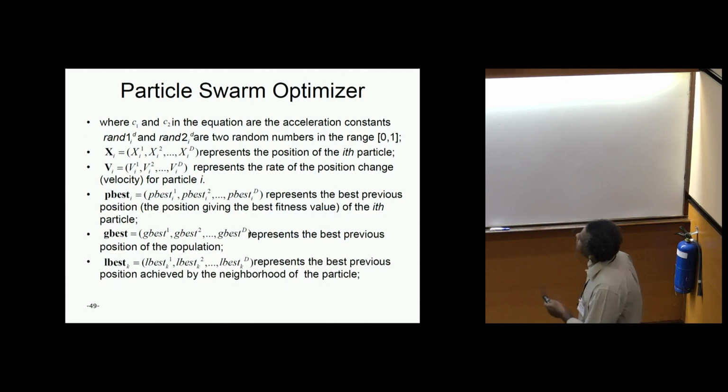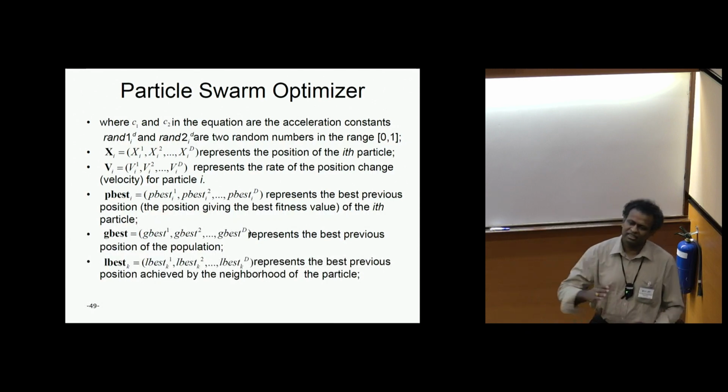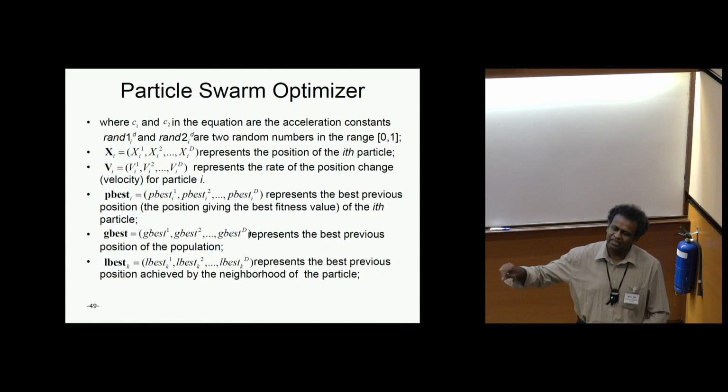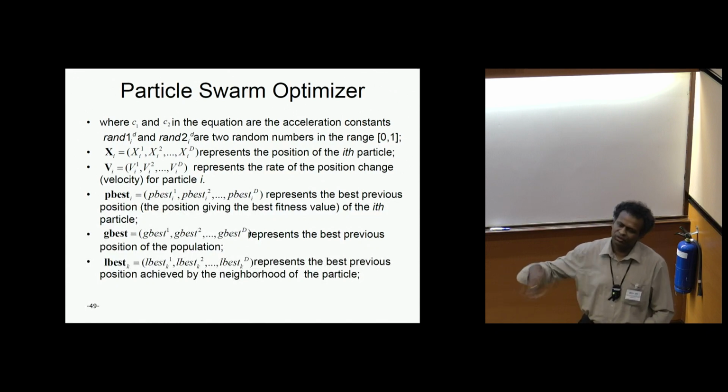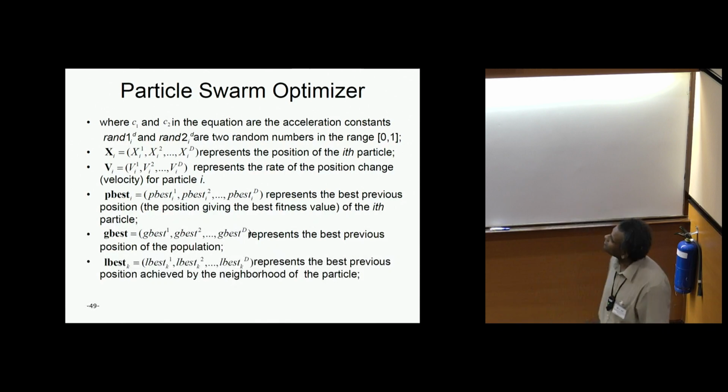So the parameters and the notations are defined here. So you have P best, G best, L best, and all those things. All these are actually the solution candidates. And with each solution candidate, you have the fitness values, how good the solution is. I didn't put any other improved PSO versions in this set, like the momentum based or constriction factor based.